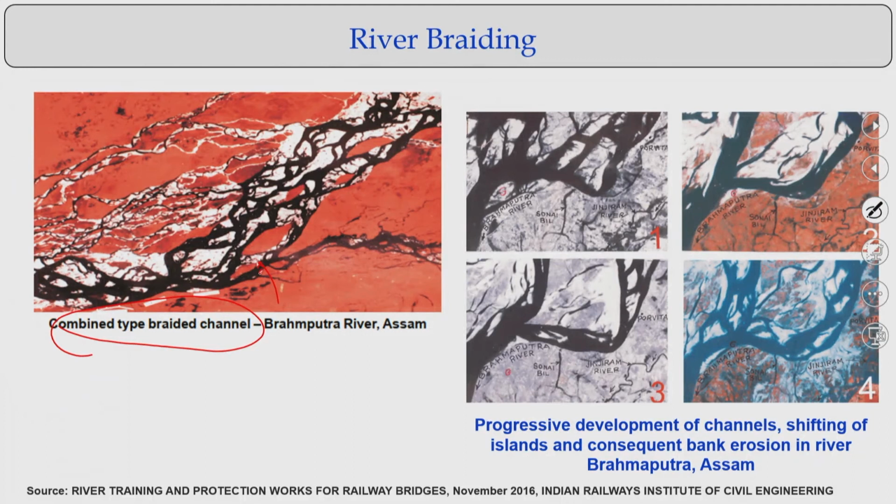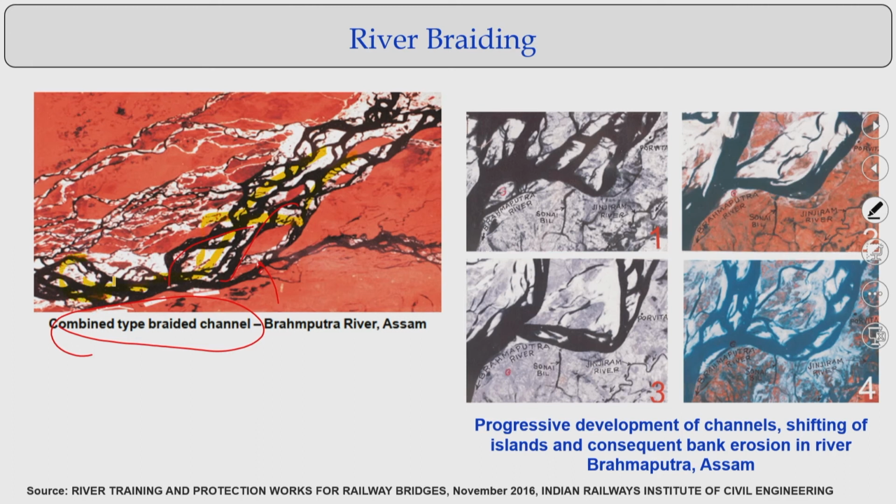Nowadays it is not difficult: with any satellite imagery or Google Earth imagery, you can see how dynamic these rivers are in terms of series of channels. How the channels are changing is a very interesting part, and still you have a challenging task to understand these rivers.